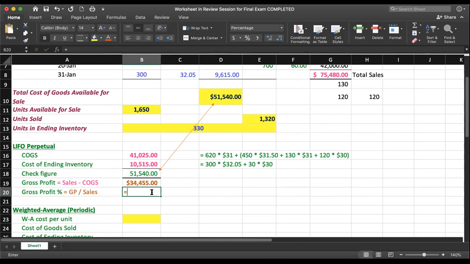So therefore, our gross profit percent is going to be 34,455 divided by 75,480, or about 45.65%.